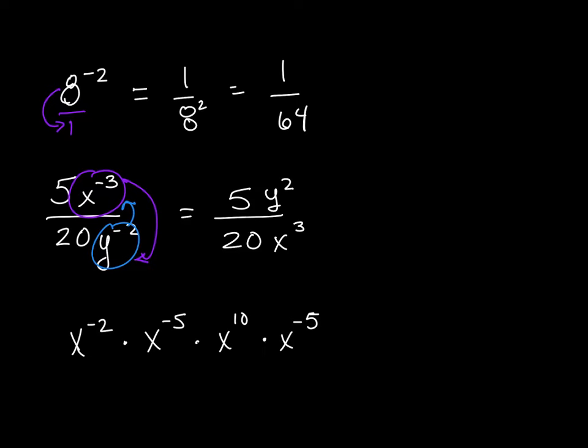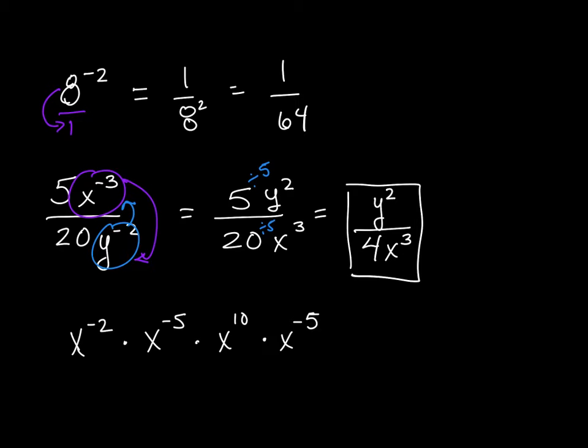You must reduce, because I can reduce this. I know that 5 divides into 5 once, and 20 divided by 5 is 4. So I have y squared over 4x to the third.